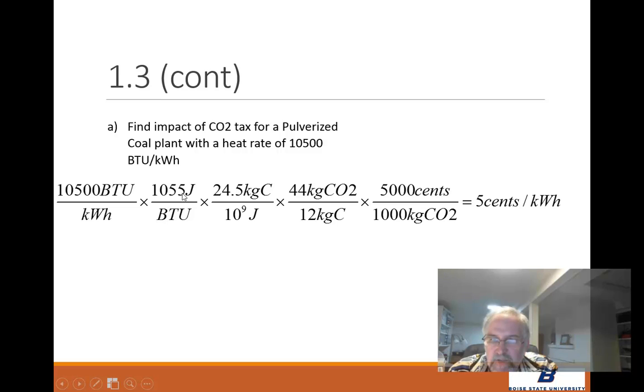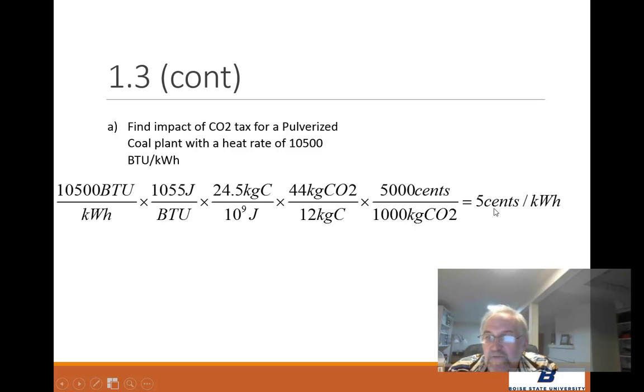Here's that conversion factor of joules to BTU because I wanted to get rid of the BTUs and go to joules. Here's the carbon to energy ratio for coal, 24.5 kilograms of carbon per gigajoule. There's that ratio of CO2 to carbon emissions. And there's the tax, $50 or 5,000 cents per 1,000 kilograms of CO2, metric ton.